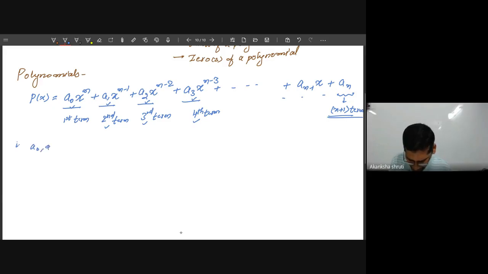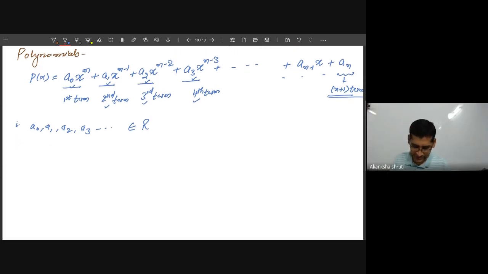All these a0, a1, a2, a3, all these must belong to real numbers. Means they should be real numbers. More detail we have discussed in the last two lectures. The second condition was that these powers, n, n minus 1, whatever are there, must be whole numbers. Okay, these two are the conditions.